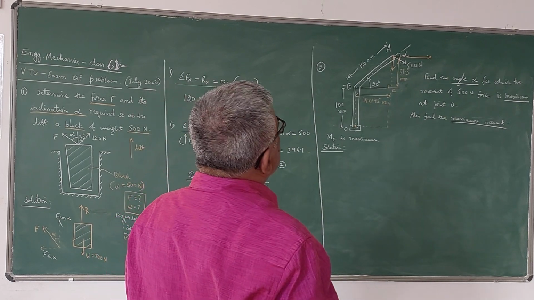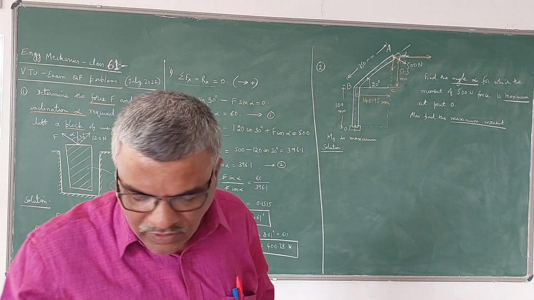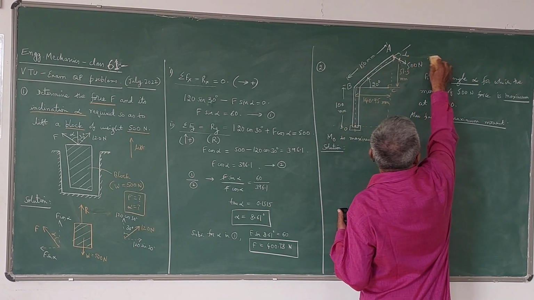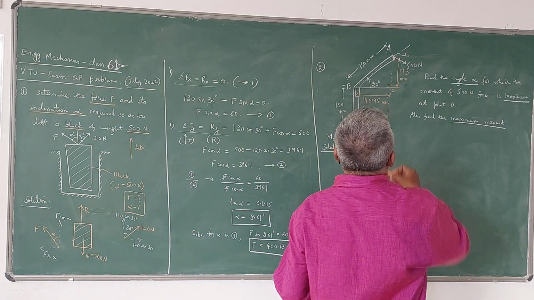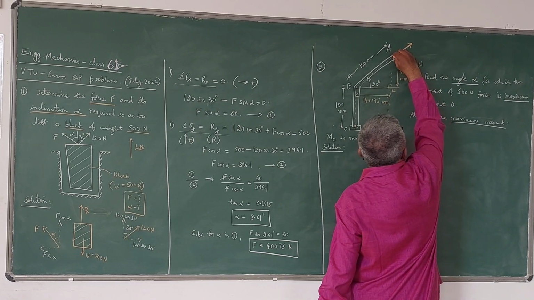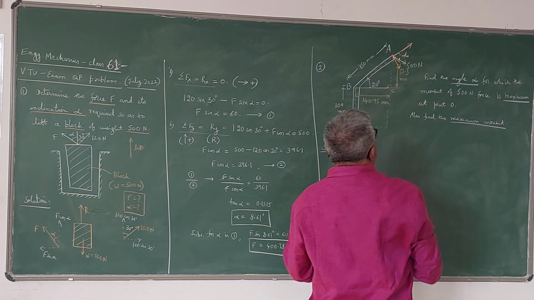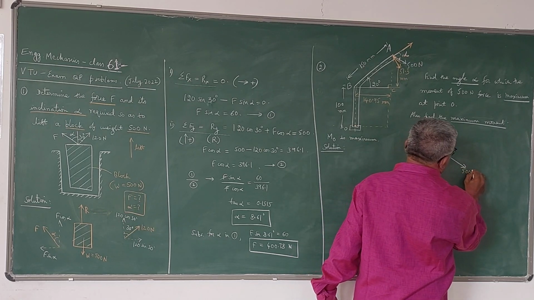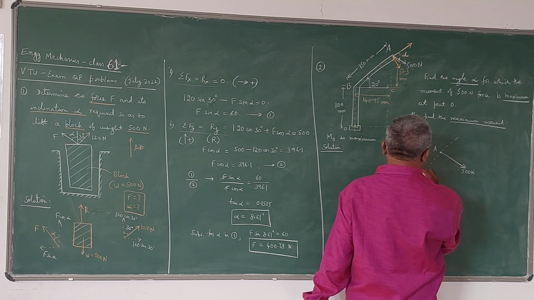I will do one thing. Let me resolve this force in two directions, so be careful here. One direction I will take like this, another direction perpendicular to this. I will write it separately here. 500 Newton force is given like this, acting at A. This is AB.